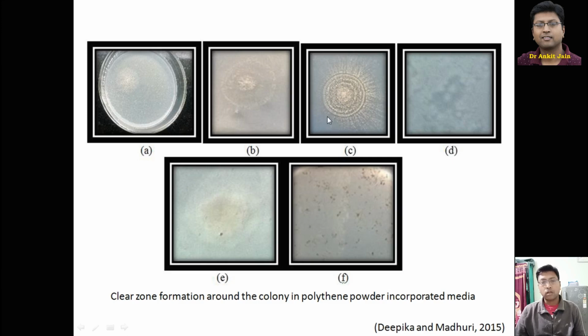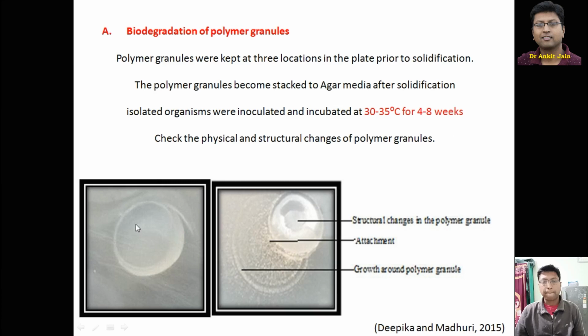Finally, on the petri dishes, these bacterial colony is seen, and where the plastic material is there, there is a clear zone is seen. That means there is assimilation of this plastic material. If the plastic material is in the form of granules, so there is change in the shape of this granule.